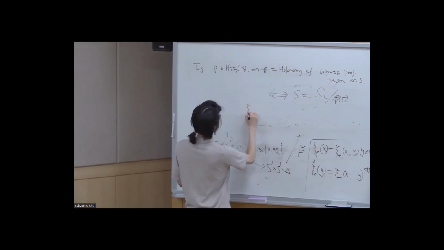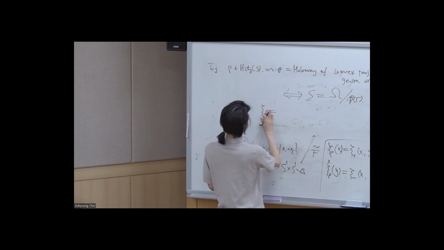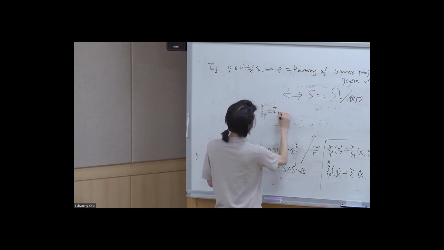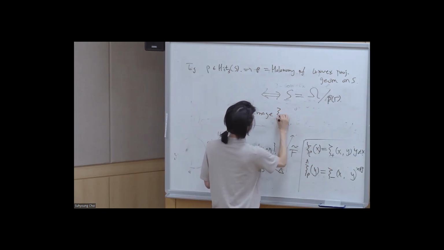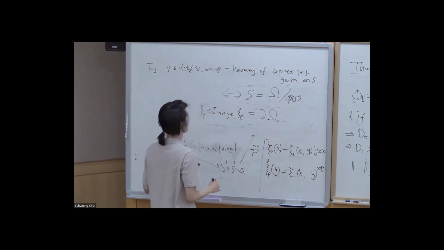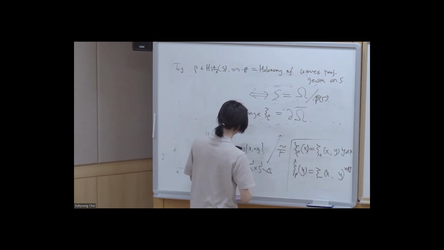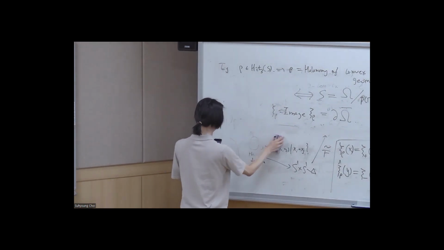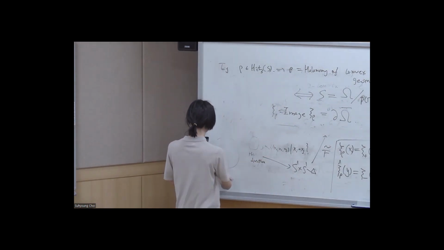And in this case, our limit map is, more precisely, the image of the limit map is nothing but the boundary of the closure of our domain of discontinuity. This is kind of an example.